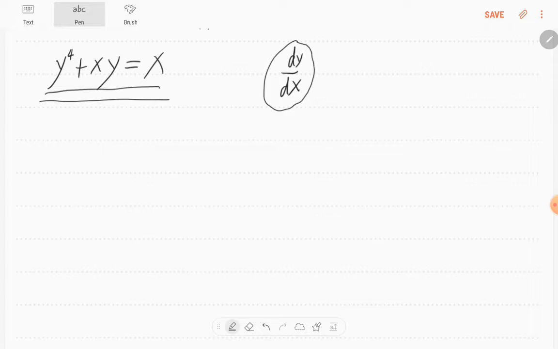For this kind of function, we say that y is an implicit function of x.